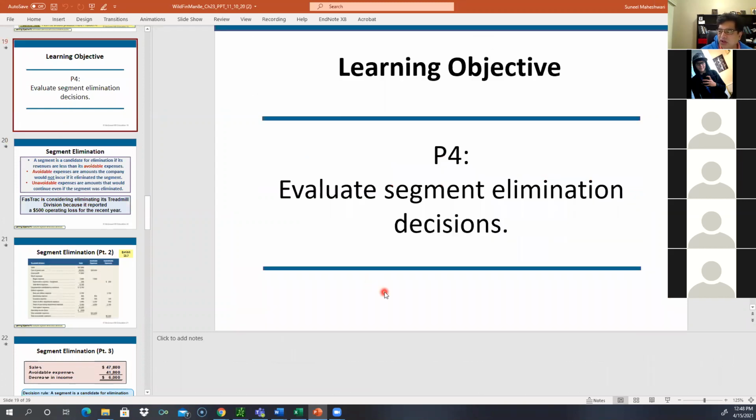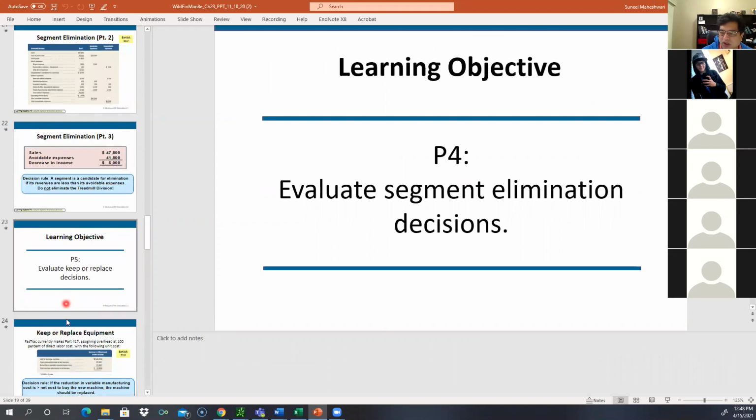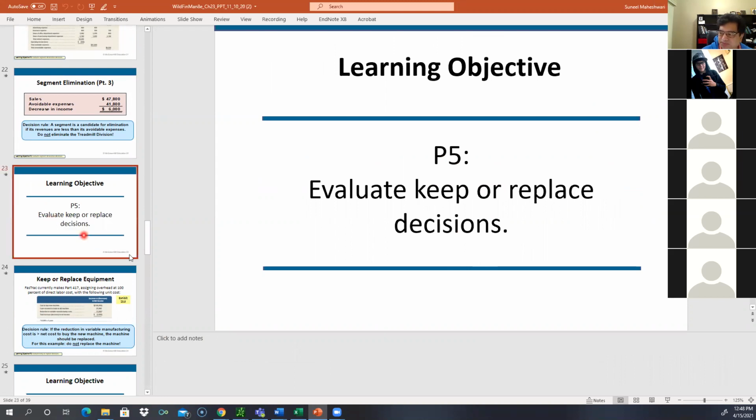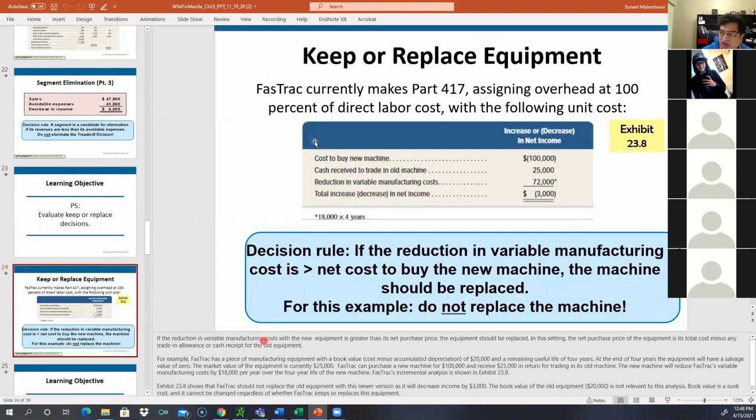Yesterday, we also did evaluation of a segment, whether we want to avoid or eliminate a particular segment. We did that yesterday. Next is whether to keep or replace an equipment. So whether we should buy a new equipment or not buy a new equipment. Again, the decision rule is very simple.